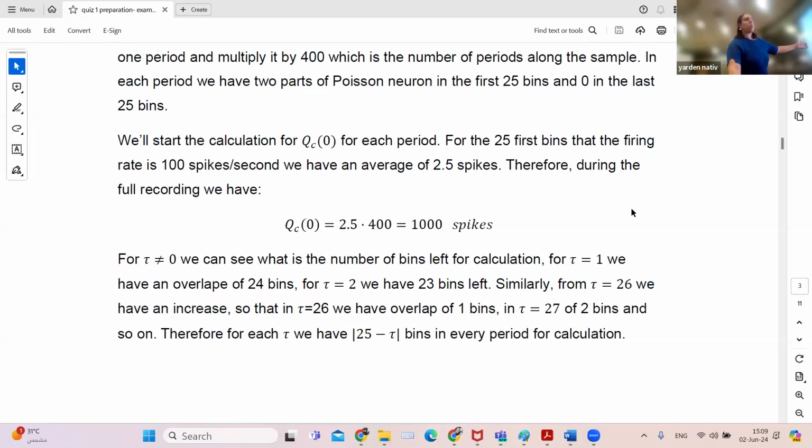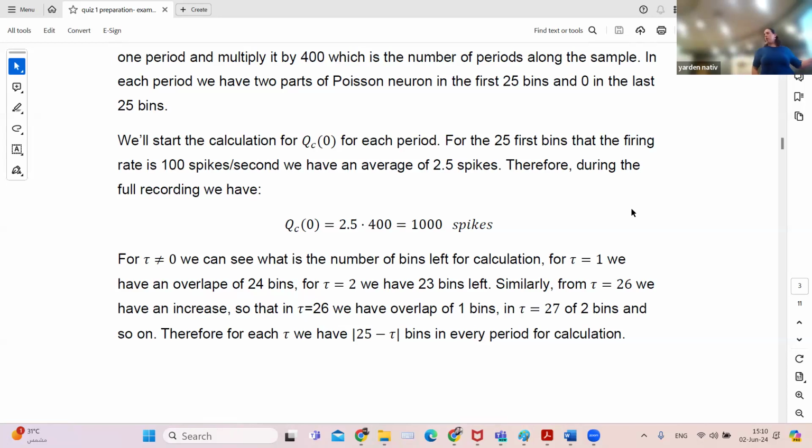Let's see if we understand. For tau equals 1, we have an overlap of 24 bins, 24 milliseconds. For tau equals 2, we have 23 bins left. Similarly, from tau equals 26, we have an increase, so that at tau 26, we have an overlap of 1 bin. At 27, 2 bins.